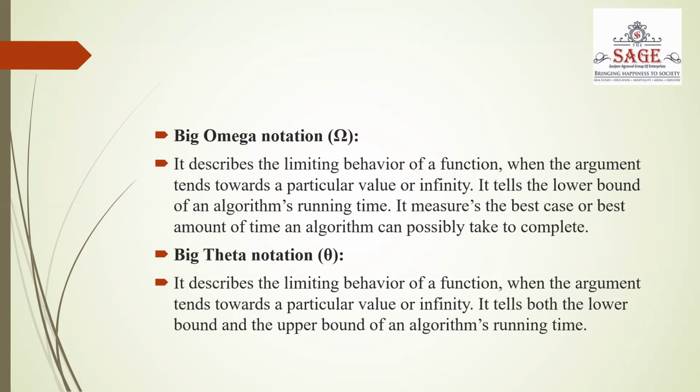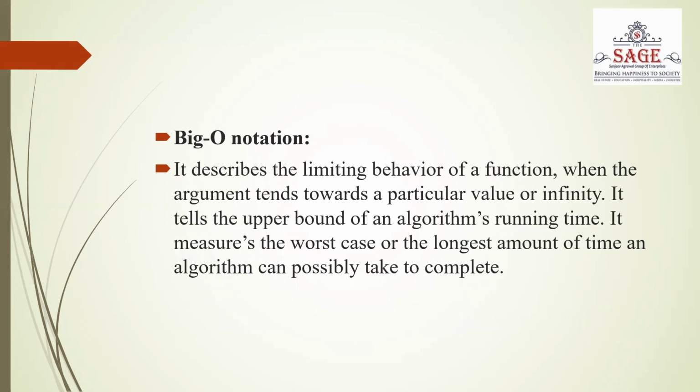So basically, big omega notation defines the best case, or best amount of time, of an algorithm. Big theta defines both the lower bound and upper bound of an algorithm, and big O notation describes the worst case, or the longest amount of time taken by an algorithm to complete its task.